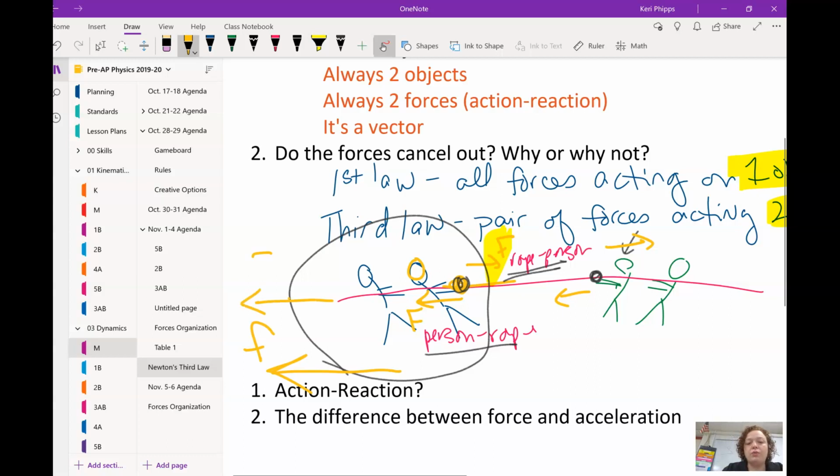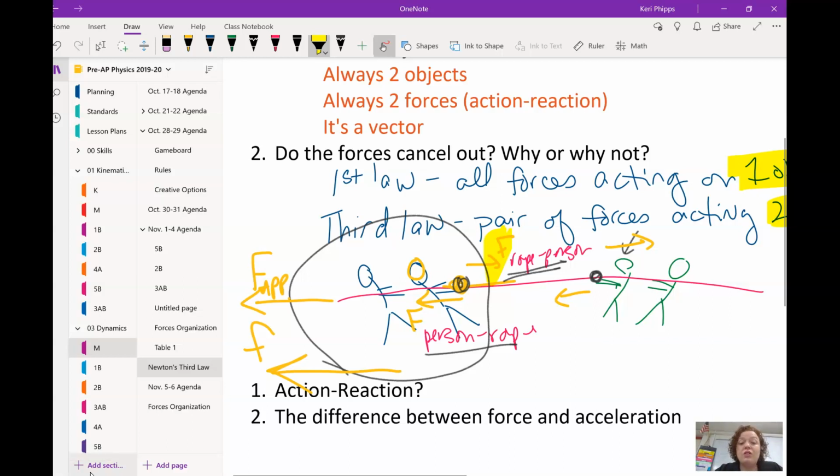The pull force of all the people. So in other words, you win a tug of war because the net force acting on one team is bigger.